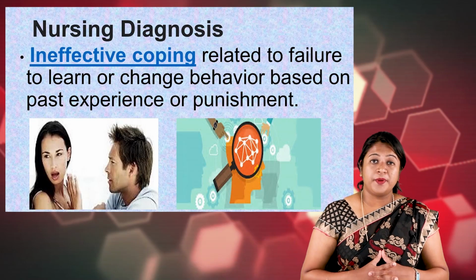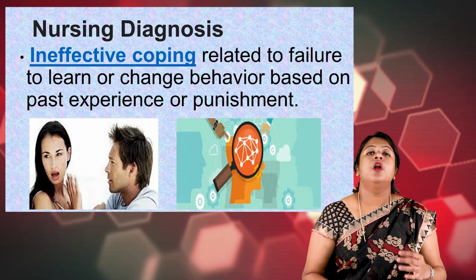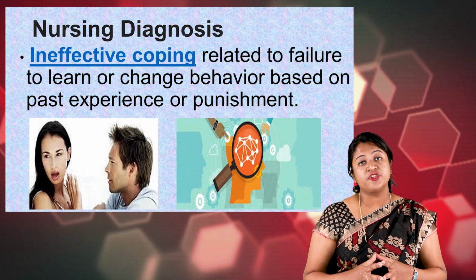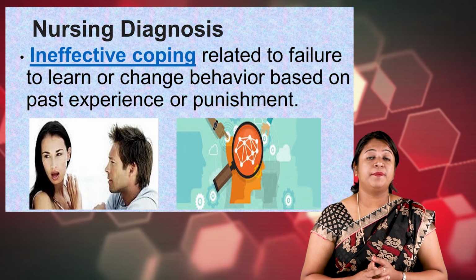So moving on to the next step, which is the nursing diagnosis. What are some of the problems that you can notice in the client? The first nursing diagnosis that you can state is ineffective coping related to failure to learn or change the behavior based on past experience or punishment.